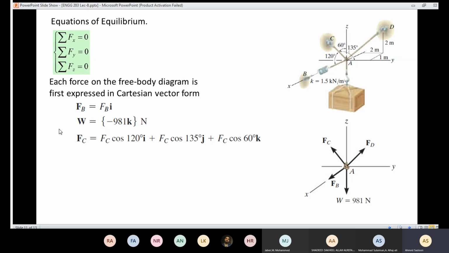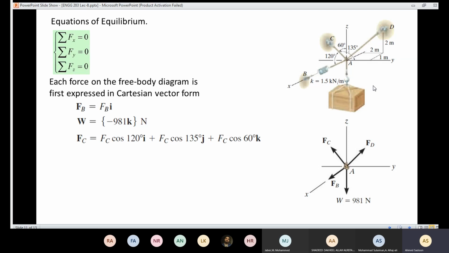Now, as you can notice, we are going to use all the information from the previous chapters in order to solve the problem here. Regarding the force in AD, we are given the coordinates in X, Y, and Z, and we'll learn how to convert this into a force vector.